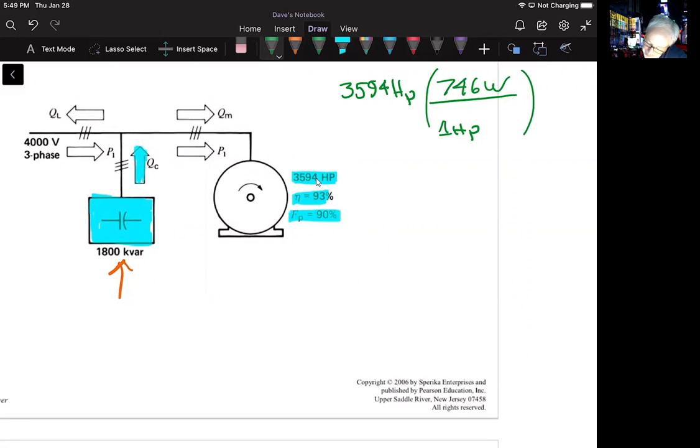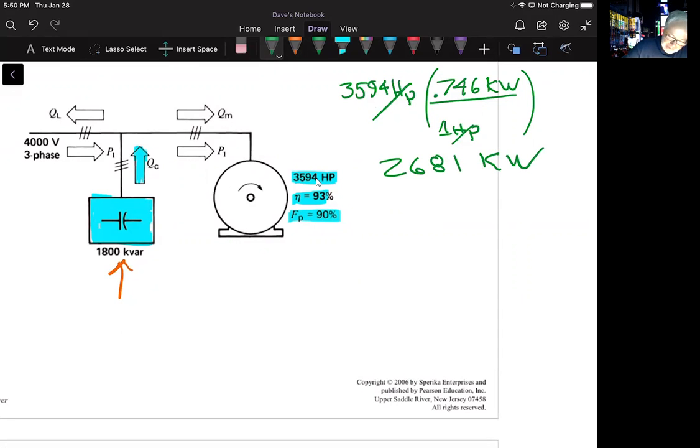We could go through the calculation, or like he does it in terms of kilowatts, this is 0.746 kilowatts, same difference. Horsepower cancels out, 0.746 times 3,594, and what we end up with is the power output of this motor is 2681 kilowatts.